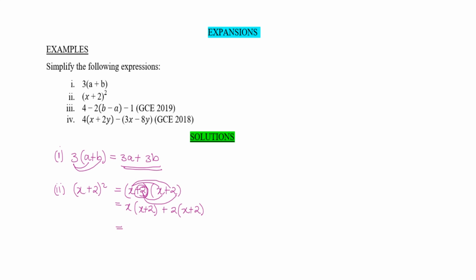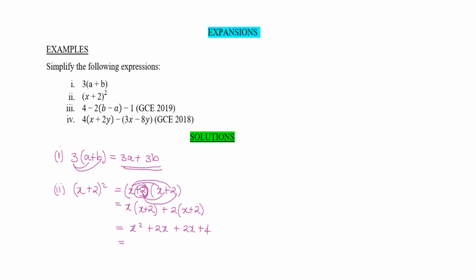This one will give us x times x will be x squared plus x times 2, it will be 2x, plus 2 times x is 2x, then 2 times 2 is 4. So we are writing a 4 there.